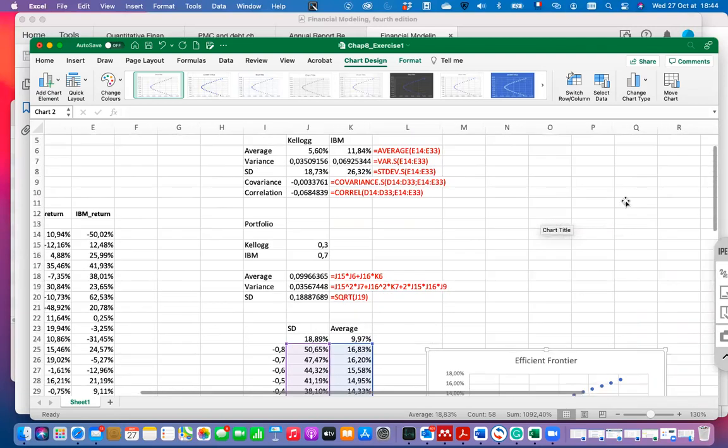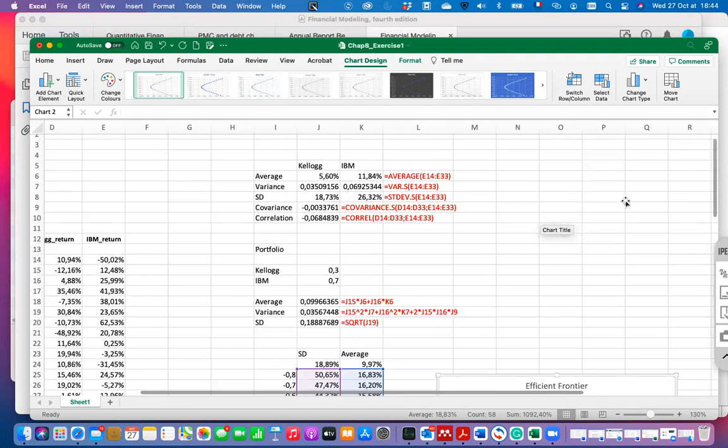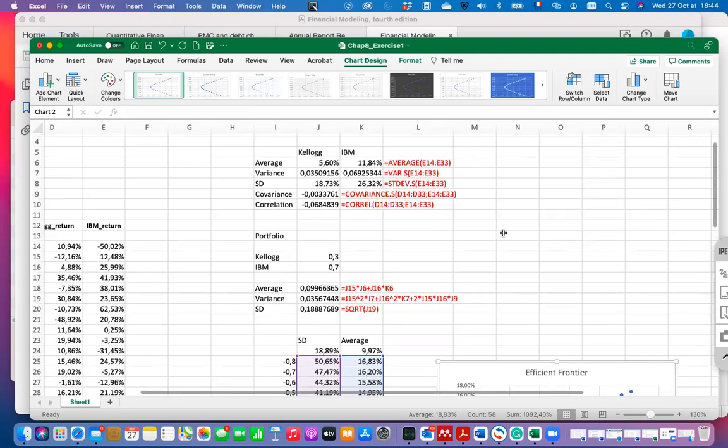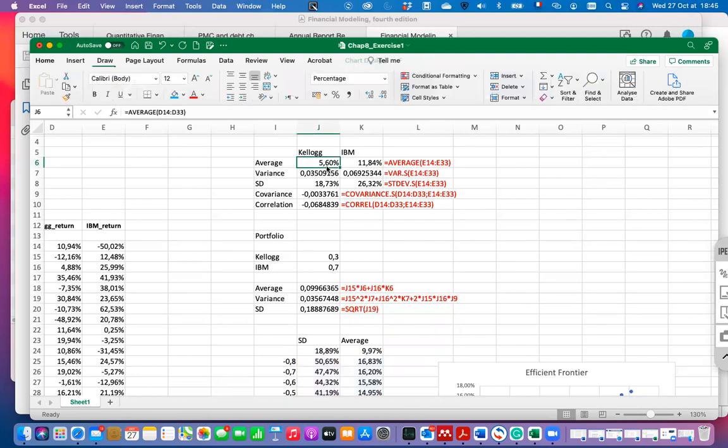See, so the good thing here, see guys, when you invest all your money in Kellogg, you expect to have a return of 5.6%, right? And a risk of 18.73%.